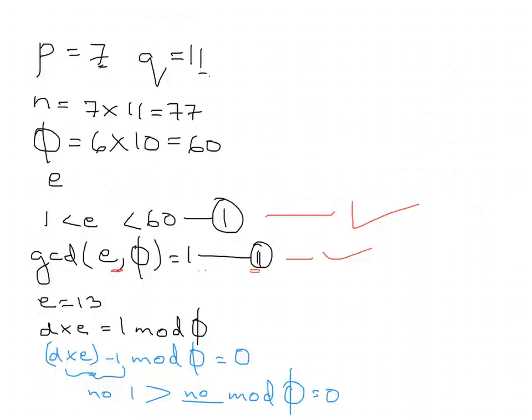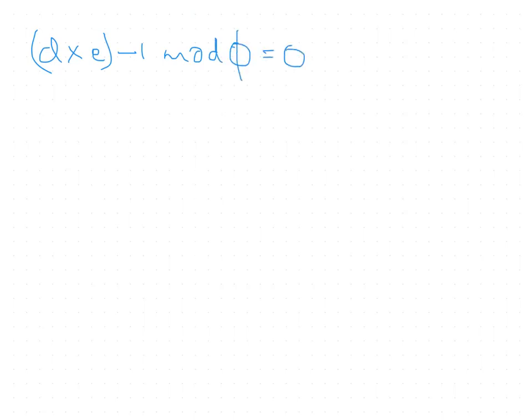If I have to show you the calculation for that, I'm rewriting the condition here. If I have this particular condition to be satisfied, we know the value of E and we know the value of phi.